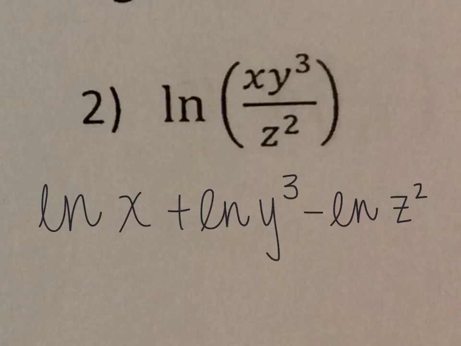You could have put negative ln z squared first and then put everything else, because all that minus means is that part's in the denominator and the positive means it's in the numerator. Could I make that even more simplified? Could I do something else to it? Yeah. What? Yes. So ln of x plus 3 ln of y minus 2 ln of z.